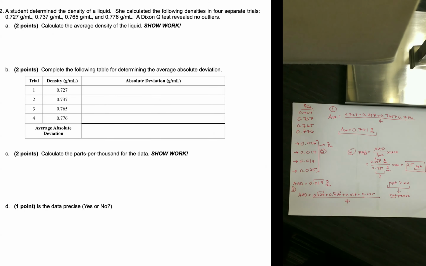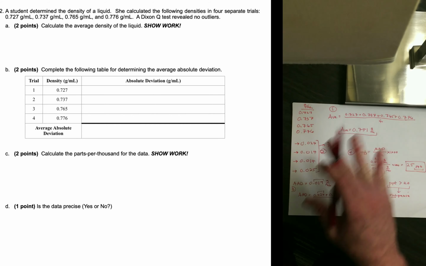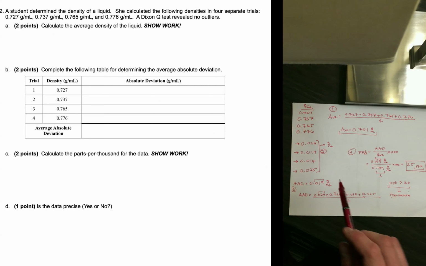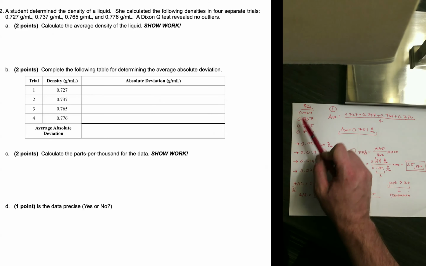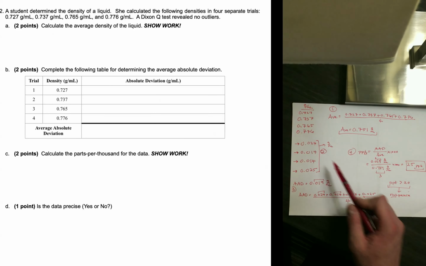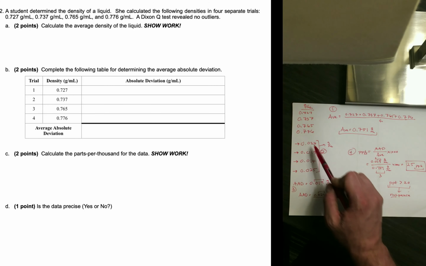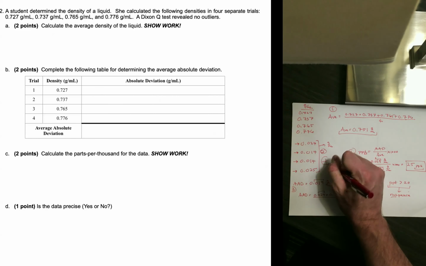Okay? So hopefully this made sense. We went through an entire precision calculation of determining parts per thousand. So in the end, what you have to do is calculate the average of your initial numbers, and then determine the absolute deviation for each of them. Those should all be positive values, all positive values.